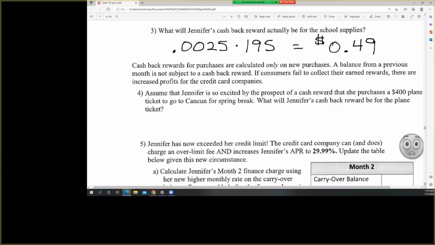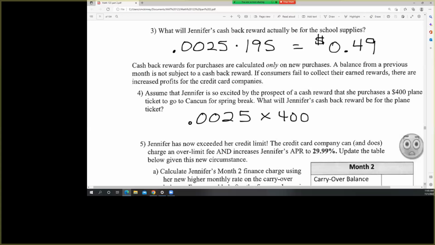So how much cash reward is she getting for her $400 plane ticket? 1.25%. So, 400. How much money is that going to be? She's going to be raking it in.